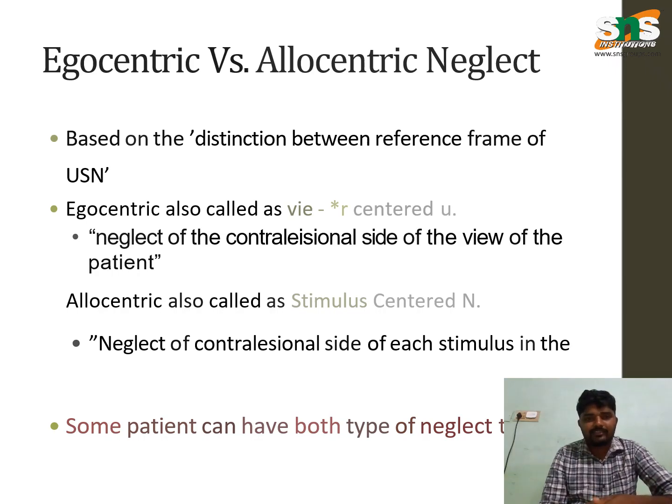Egocentric and allocentric neglect are based on the distinction between reference frames. Egocentric is neglect of the contralateral side of the view of the patient. Allocentric is also called stimulus-centered neglect. Some patients can develop both syndromes.